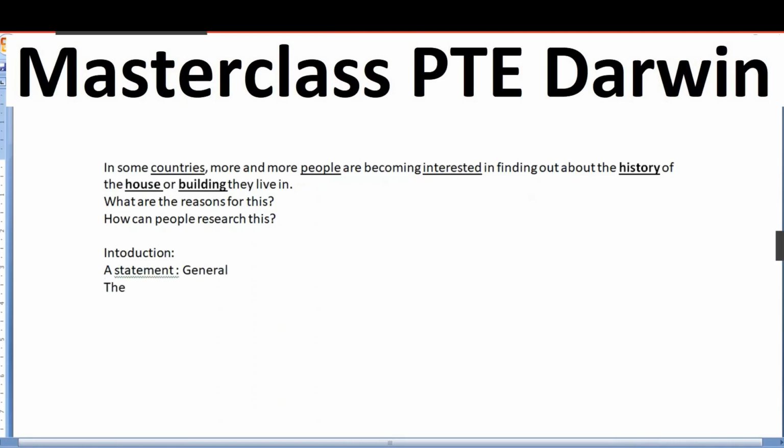And the second is the thesis statement. The general statement is one or two keywords combined to create a sentence. We thought that housing or building would be very important here. So create a simple sentence with housing or building, and it would be our introductory first line.